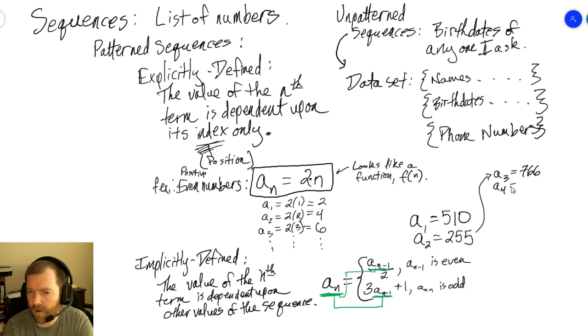A sub 4 is going to take this and halve it again. Let's make sure I got the first number right. Okay, cool. So half of 766 is 383. This is odd again, so a sub 5 is going to be take 383, triple it, and add 1. We get 1150.